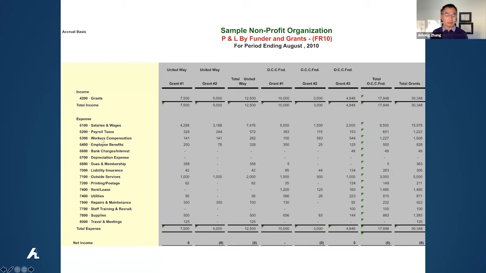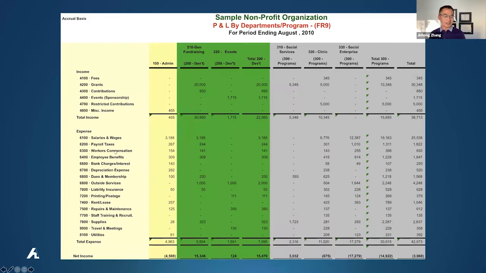So many people make a mistake: okay, we have United Way, and then you go through salary, everything. And then you have another grant, and then you go through everything again. And so the chart of accounts becomes very, very long, right? Same way, you could have social service, and then you have all these things repeated.